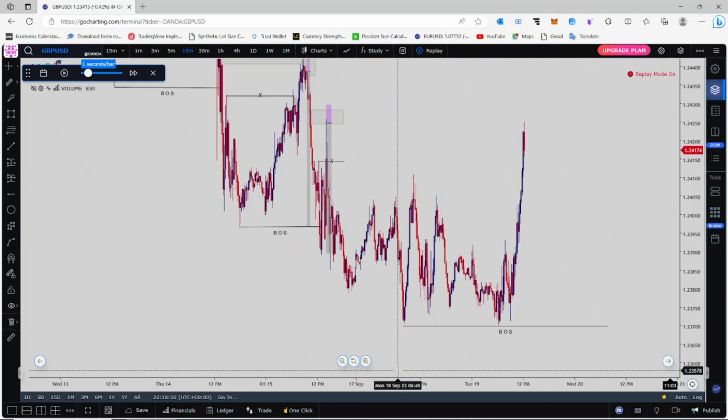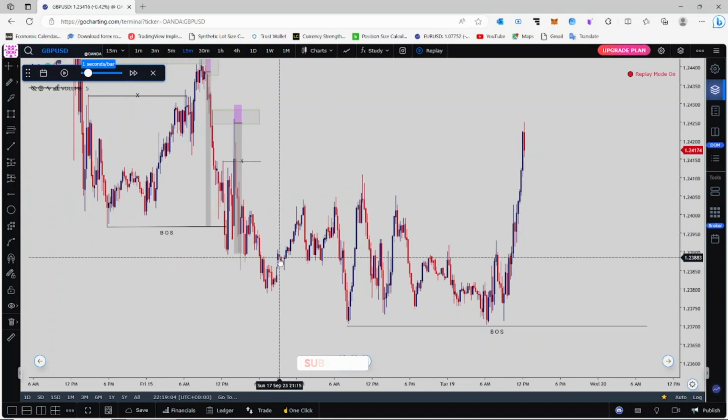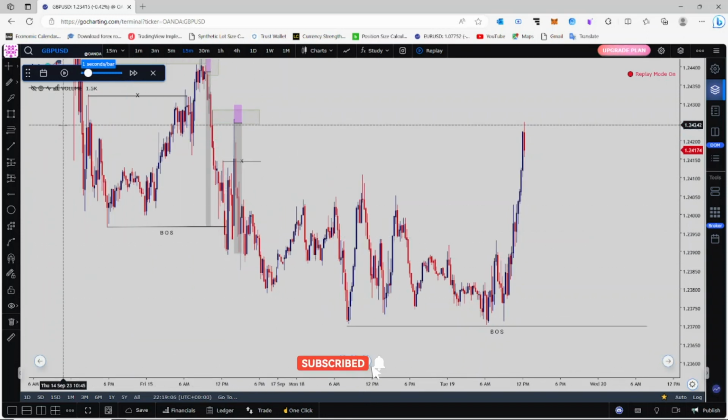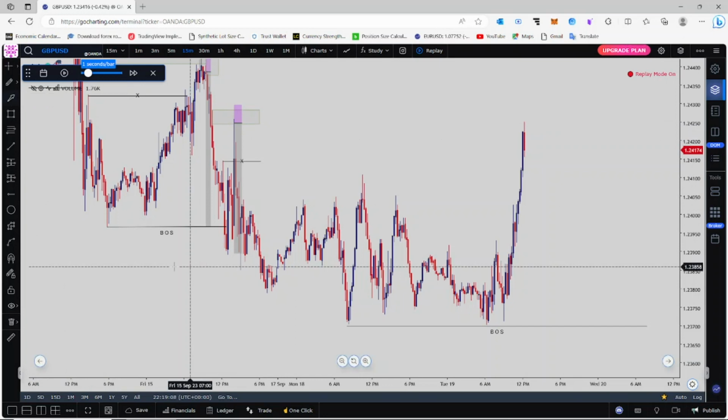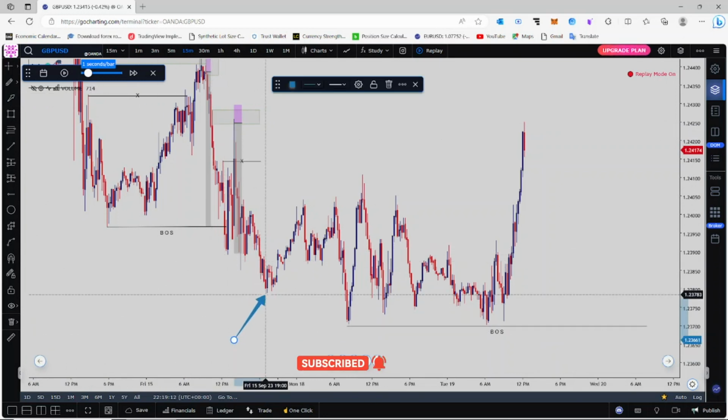Our previous lower low was right at this point, and our lower high was right over here.